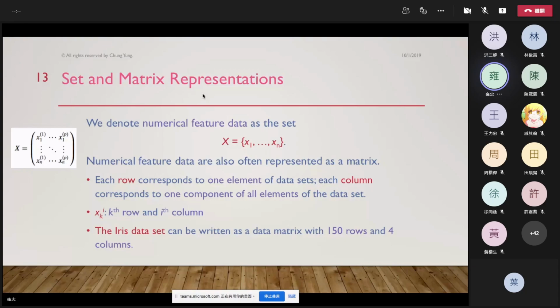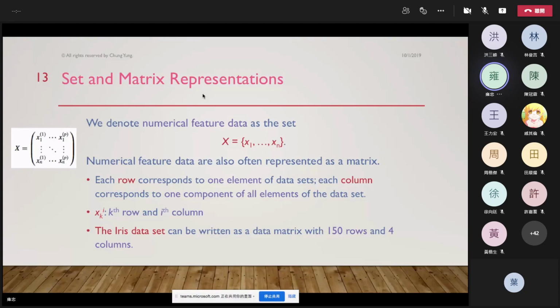The subscript k means the position in the matrix is the kth row. The i on the top right corner means that the data is at the ith column of the matrix. So we use this to denote the position of the data in the matrix.